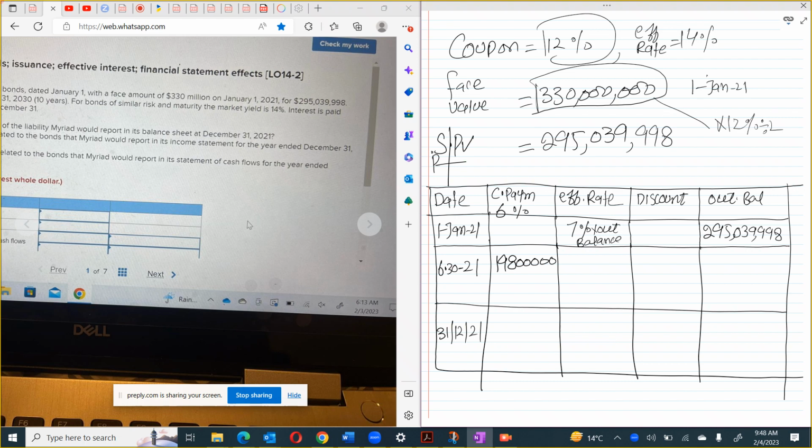I am with you so that I can know what you have learned. For 31/12/2021, do I have to multiply the face value? No, this will remain the same, 19800. Remember, I have told you. I have to multiply the outstanding balance by 7%, the second outstanding balance, the last one.